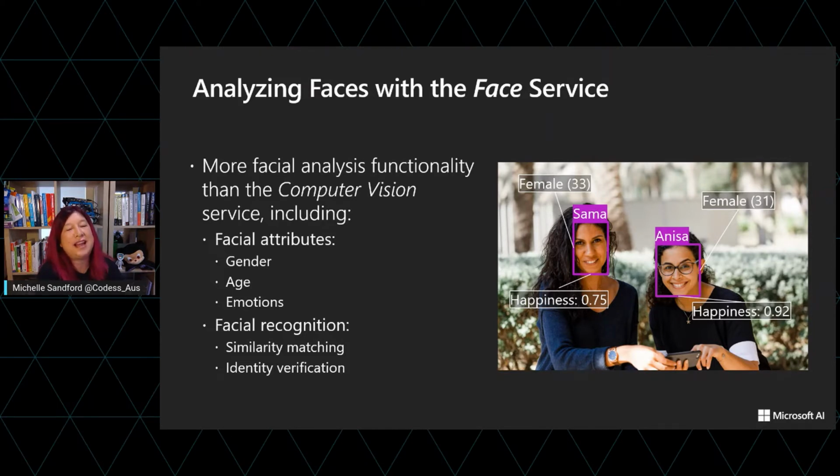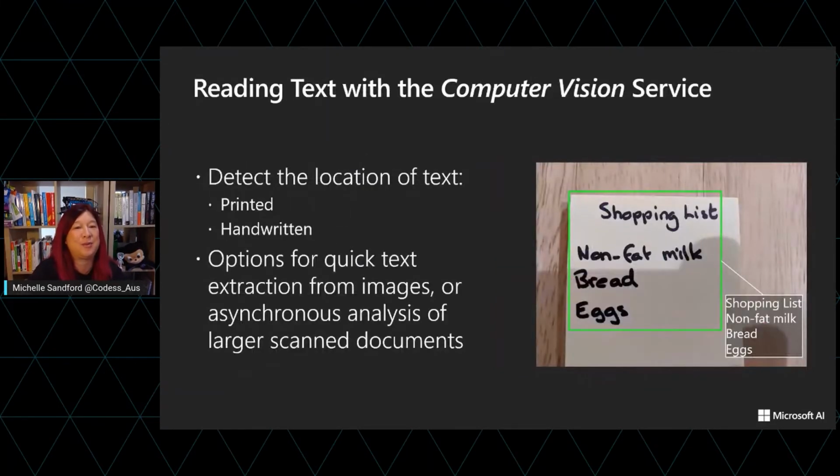So you have to be very careful when you are using facial recognition and when you are using computer vision services for that kind of facial analysis. Remember the responsible AI principles we talked about in chapter 1 as well.